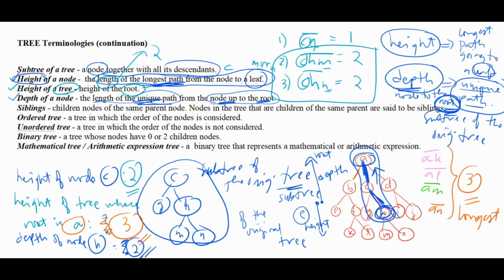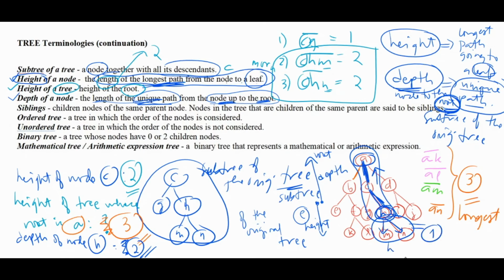While the height of node H is what? The height of node H is finding the longest path. And there are only 2 paths going to a leaf from H. It's H to M and H to N. And these 2 paths are equal. They have length 1.